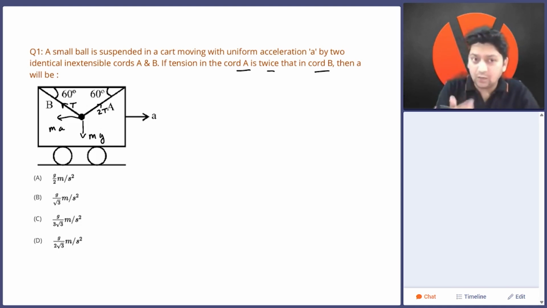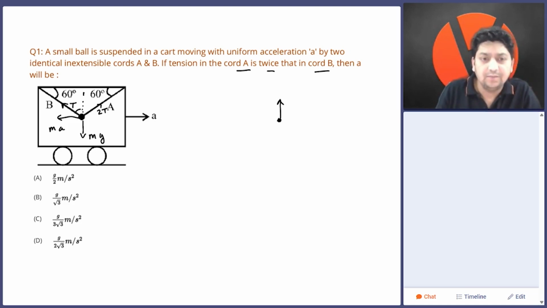So now let's figure out how to solve this question. We know that this system will be in equilibrium, this ball will be in equilibrium, so we will find out the components of the tensions. The components of the tension in the upward direction will be, first one will be, see, let's draw a perpendicular over here.